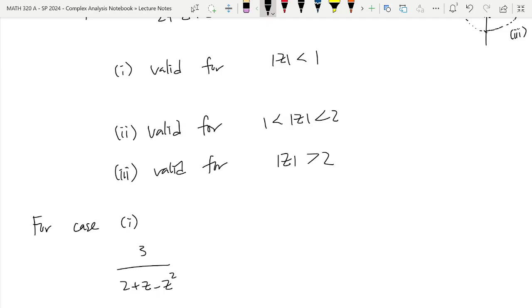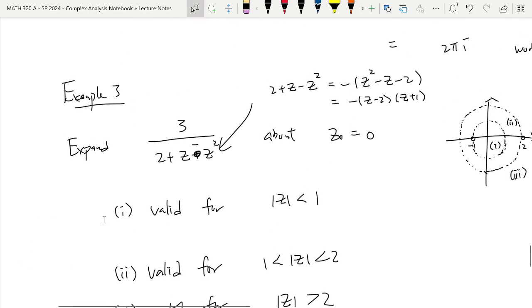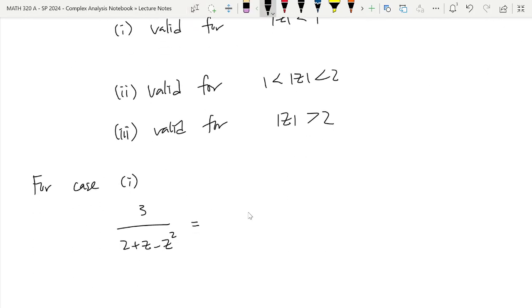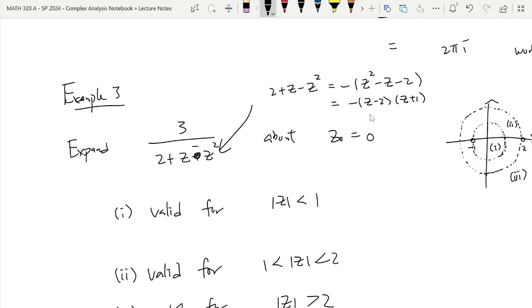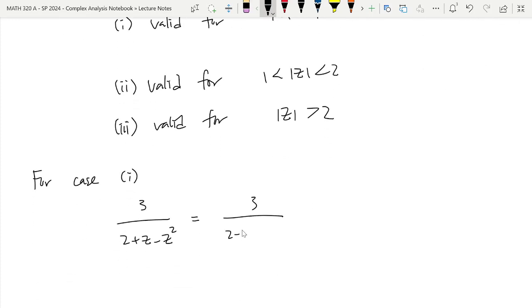So if you factorize like that, I have 2 minus z, 1 plus z. I plug in the negative sign into one of the factors.